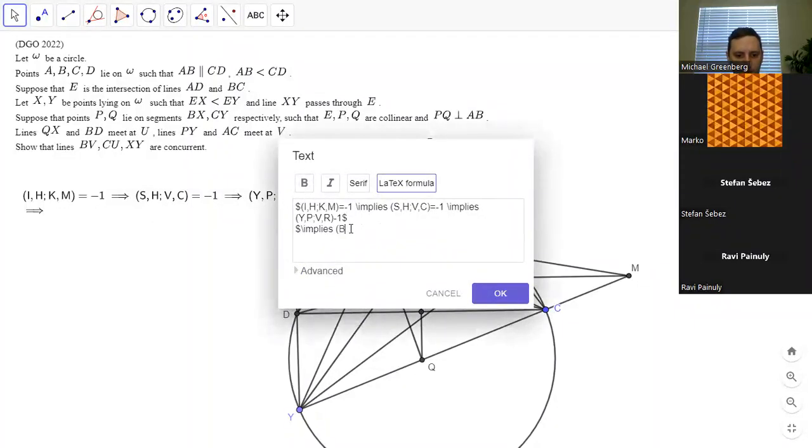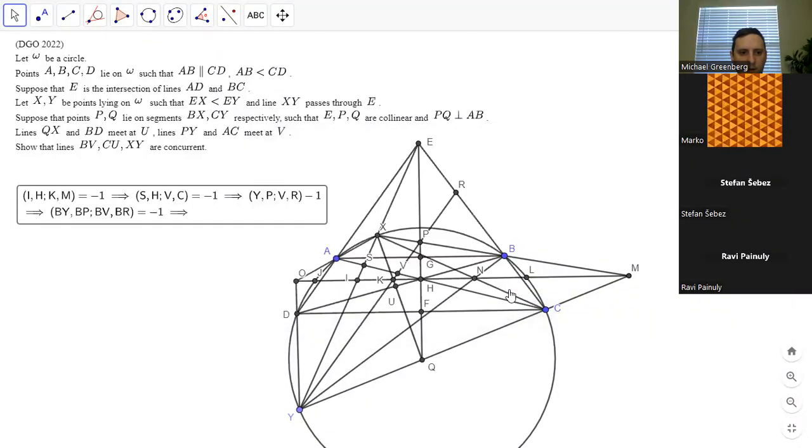So this basically solves it, because then that means X, Y, and BV intersect X, Y, and E is harmonic.